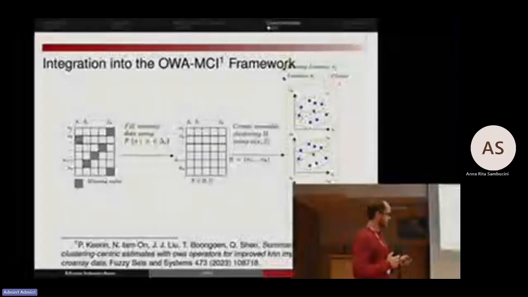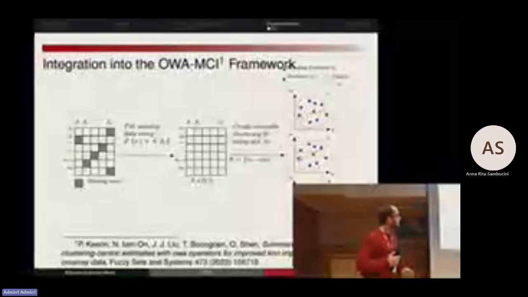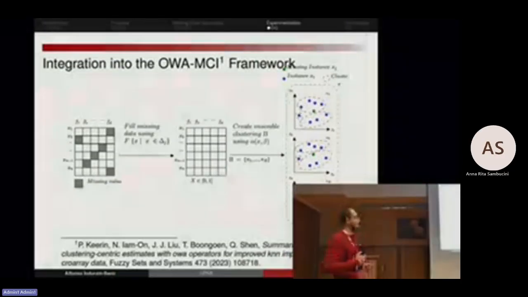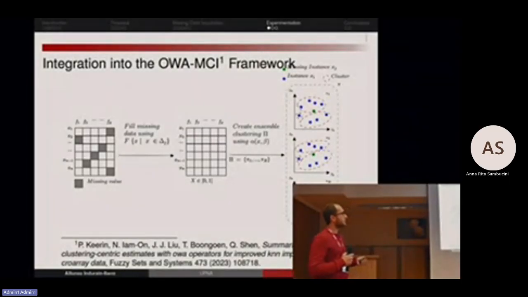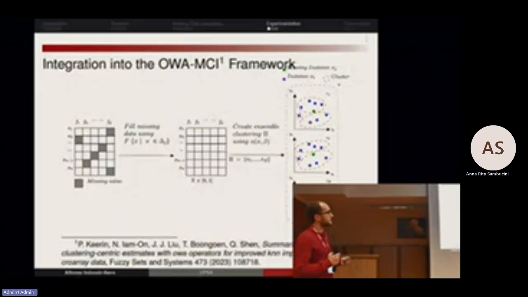To test our contribution, we have implemented the OSMCI framework, which is a data imputation framework designed based on clustering and basic imputation. Assume that we have a dataset with several missing instances.